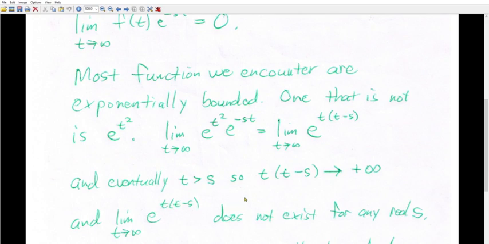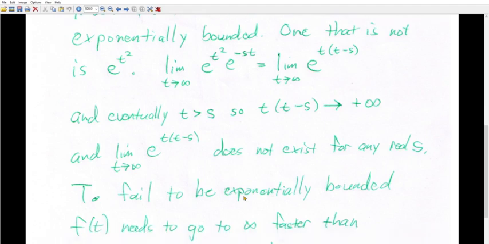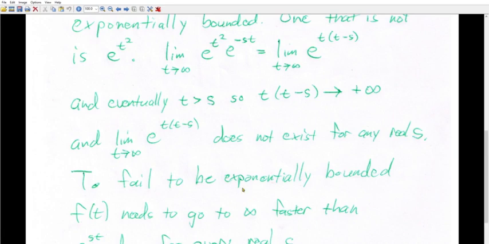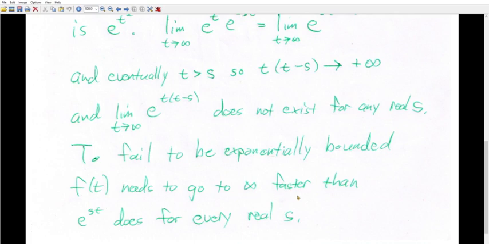It's in fact plus infinity, and it doesn't exist no matter what you choose as s. So to fail to be exponentially bounded, f of t needs to go to infinity faster than e to the st does for every real s, which is why e to the t squared was not exponentially bounded. Fortunately for us, almost every function that we will encounter is exponentially bounded.